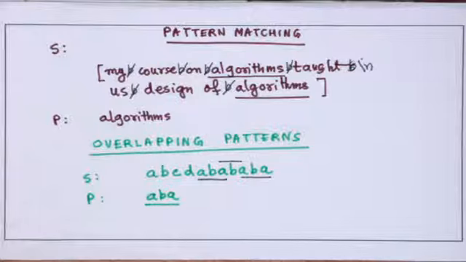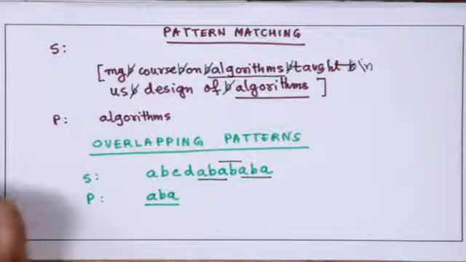So, I would request that all of you concentrate a little more on looking at these 4-5 problems and try to find a clear, unambiguous input output specification. So, any problem that is given to you, the first step in algorithm design would be an unambiguous input output specification.